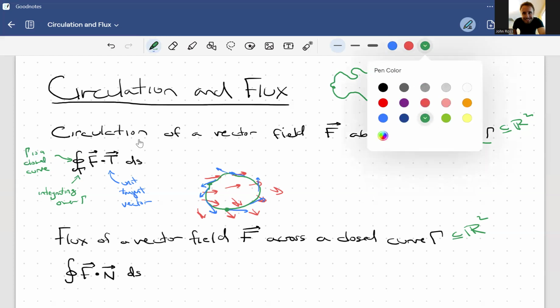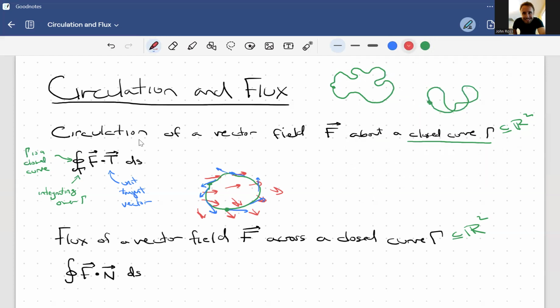And that is what the circulation will be. Very quickly, I'll jump down to flux. The flux of a vector field across a closed curve is defined pretty similarly, except instead of a unit tangent vector, we're going to be looking at the so-called unit normal vector.